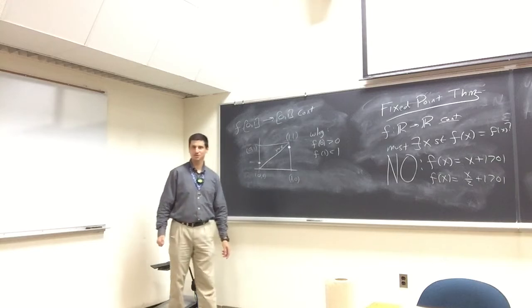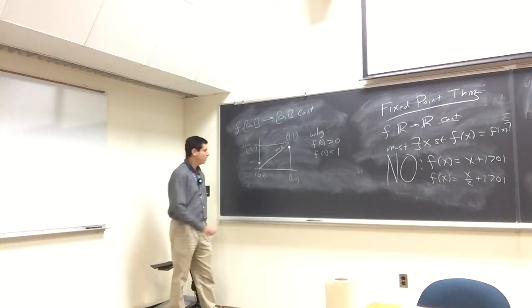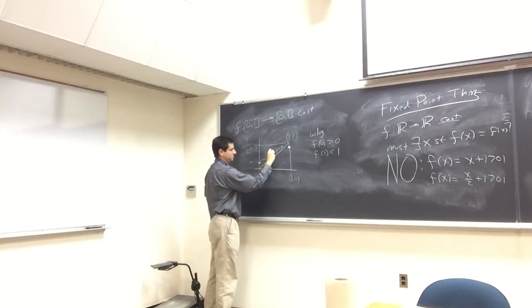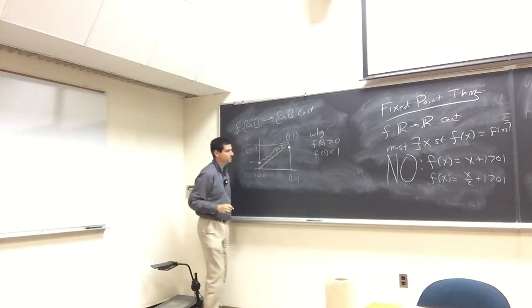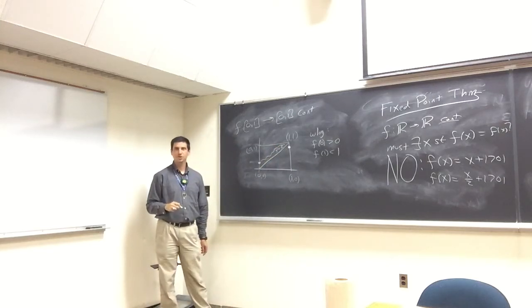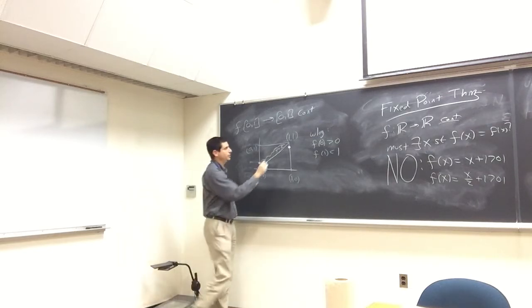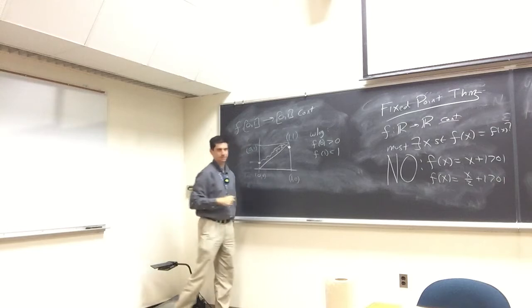This is proof by picture, right? We have to stay above this line. There's no way to do that. At some point, we have to cross the line to get down here.